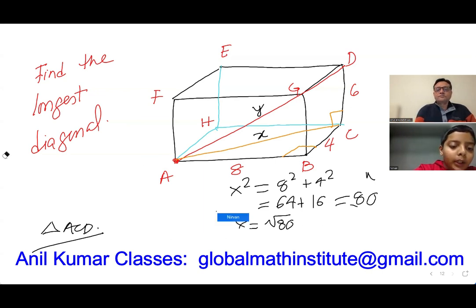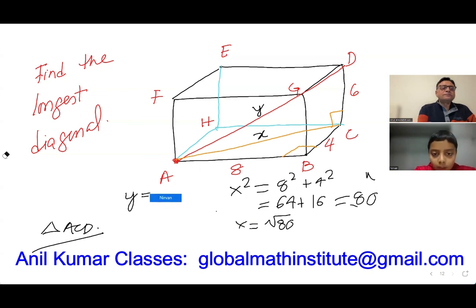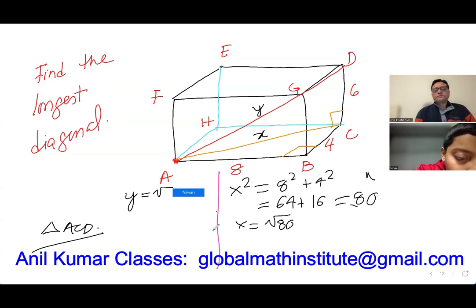Okay, Y is, so you can see we got square root 80 plus, and the other one is 6, right? Correct. So 6 square.